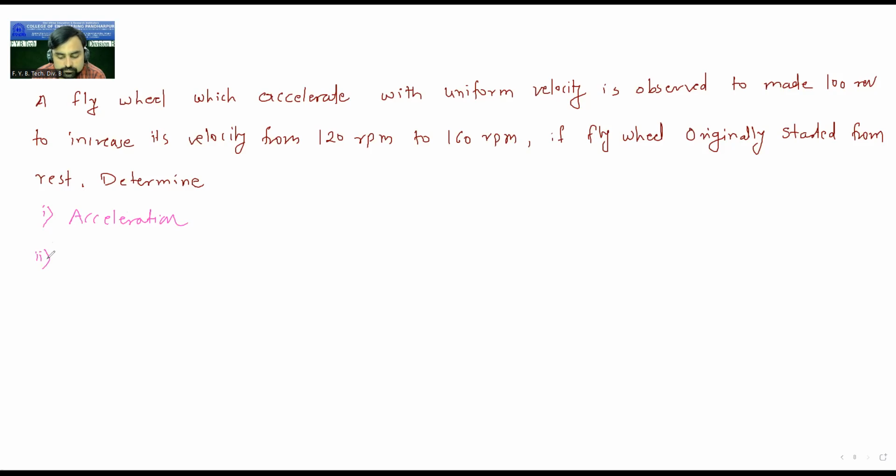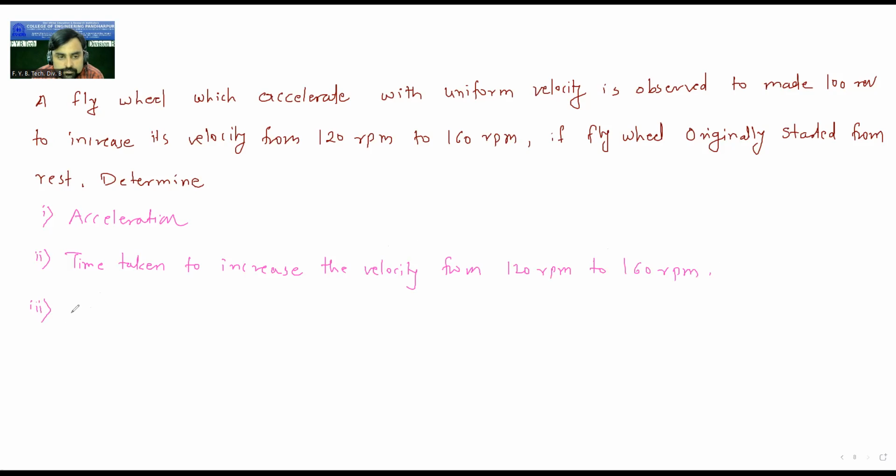Second, time taken to increase the velocity from 120 rpm to 160 rpm.